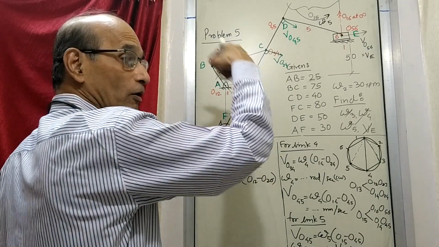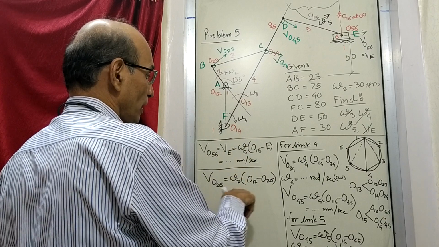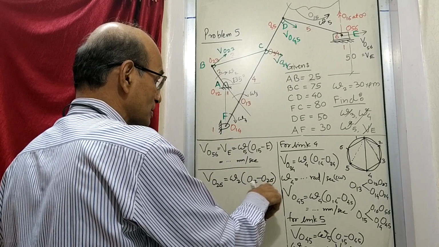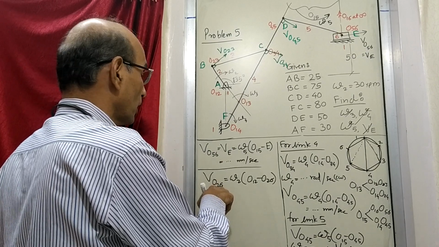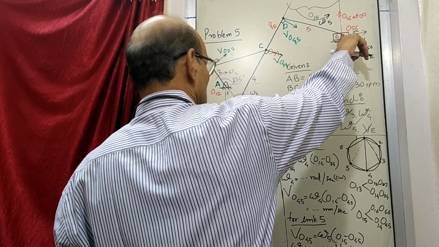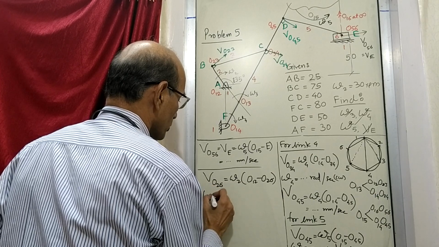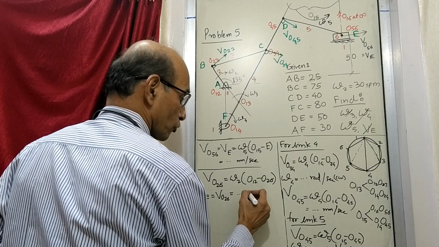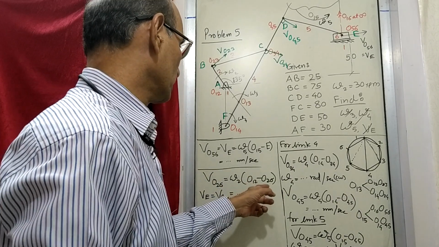Wherever it is, that point 2,6 belongs to link number 2, and this is the equation we have written. So once you know this point 2,6, we can measure the distance and get the answer, and the velocity of 2,6 is nothing but the velocity of point 6, slider 6. So this is also going to be the velocity of E. You will get the answer after you get the point 2,6.